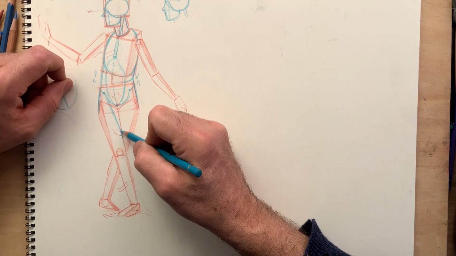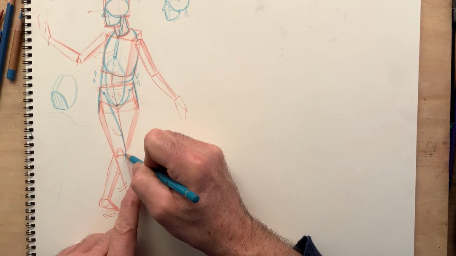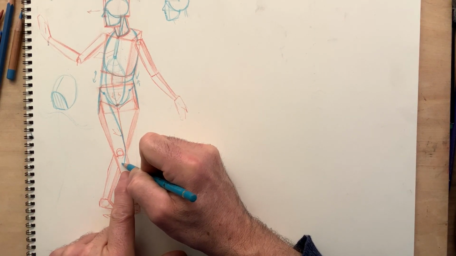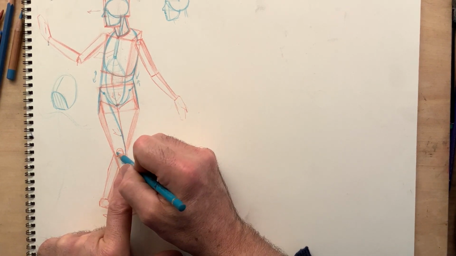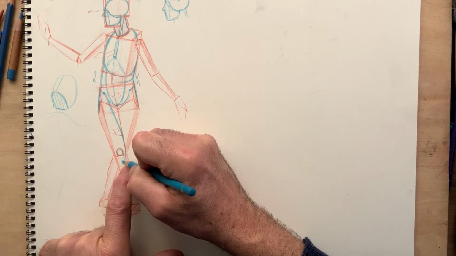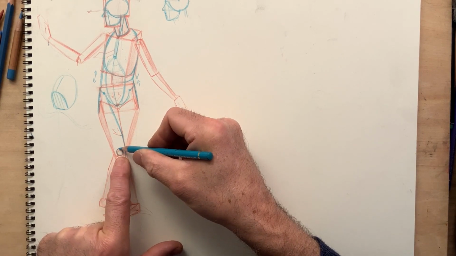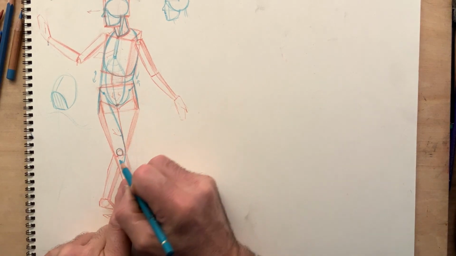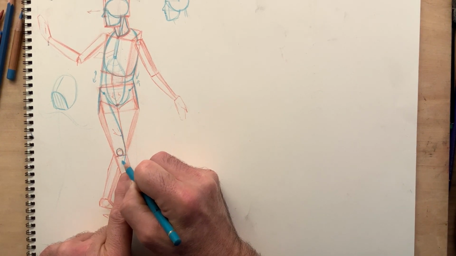From here, I go along the inside of the leg, and then I come forward like this to the tuberosity of the tibia. What is the tuberosity of the tibia? It's the same measurement as the patella, down below the joint here. So this is a quarter of a head, that's another quarter of a head.